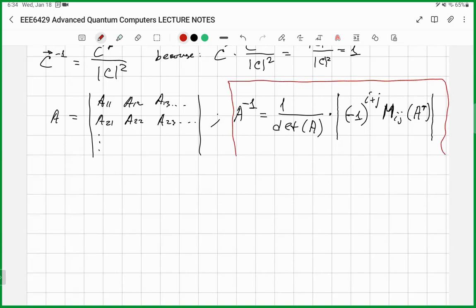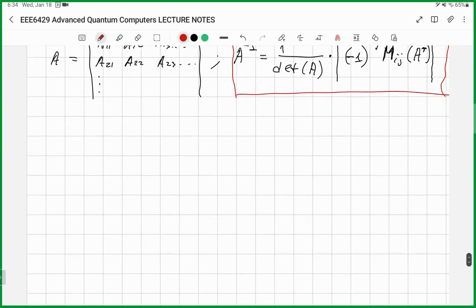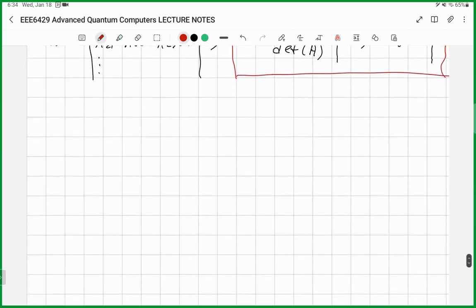Now it maybe looks unclear, but let's consider an example. Let's consider our example, this matrix C: 1 plus i2, 1 minus i2 and 2 here, right?